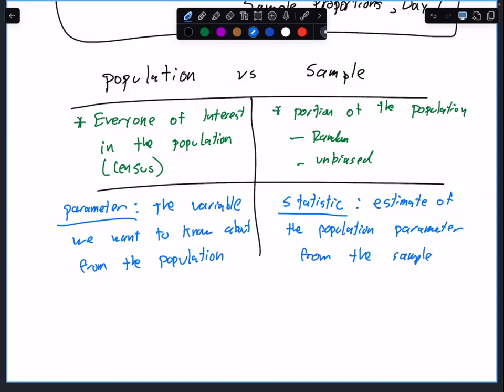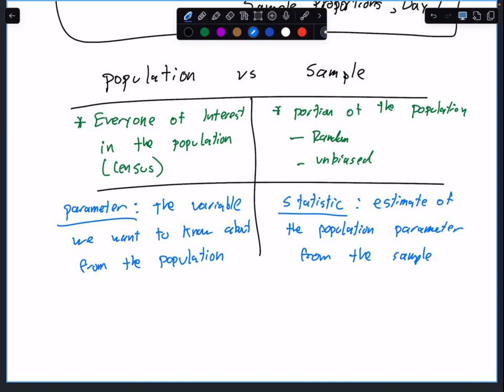So oftentimes you'll hear me say the sample statistic. The statistic comes from a sample. The parameter is the population. So population is to sample as parameter is to statistic. And the statistic is an estimate of the parameter.